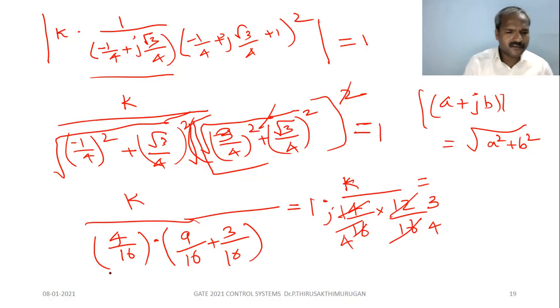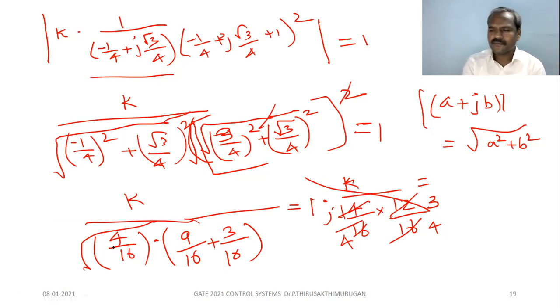Sorry, this is under the square root. So the square root of 1 by 16 plus 3 by 16, which is 4 by 16, becomes 1 by 4.